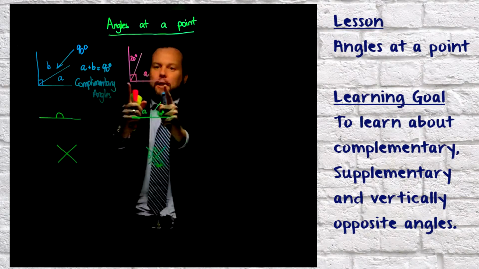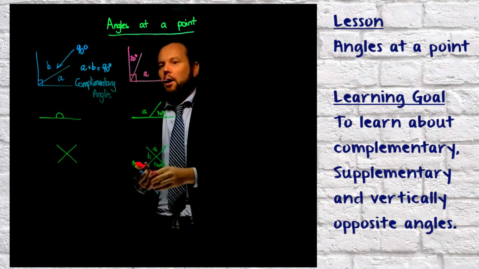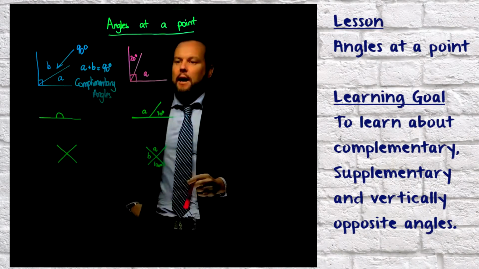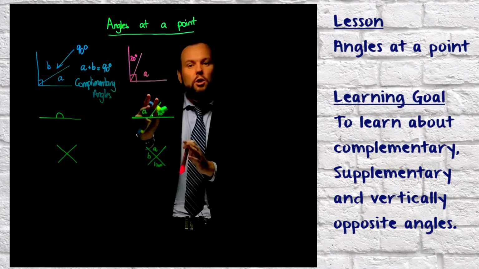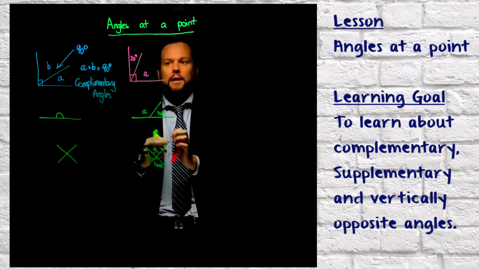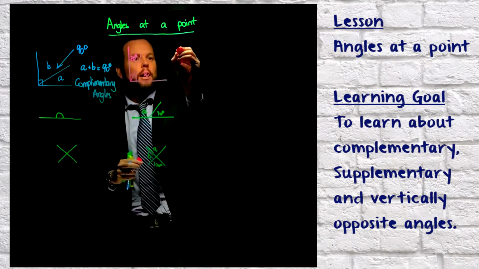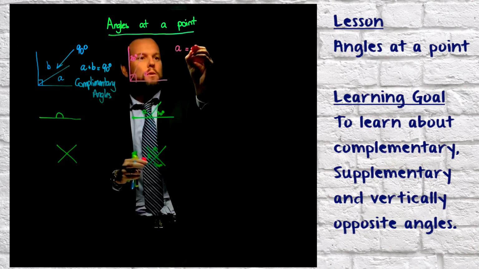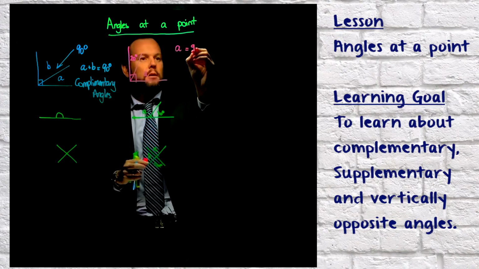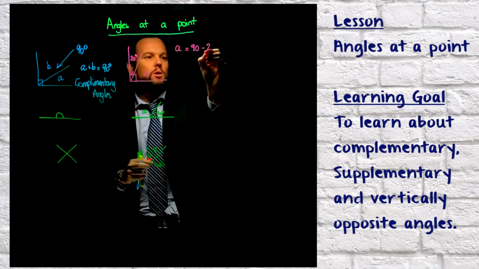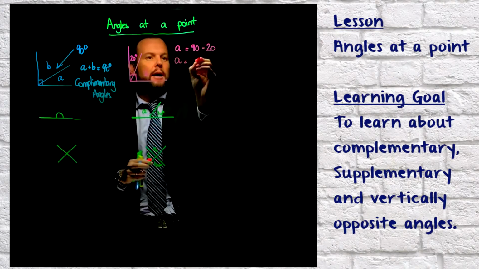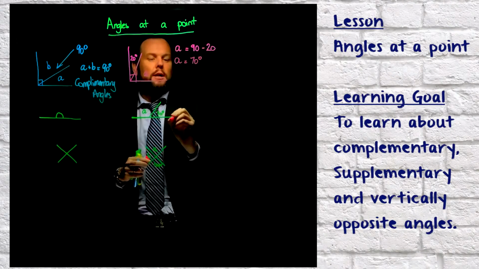And if we transfer that over to here, where I basically set out an unknown angle, we can use that in order to find out the size of angle A. So all we need to do is write A equals 90 take away 20, okay, and A equals 70 degrees.